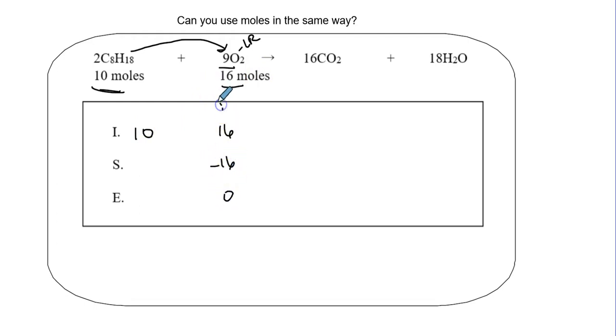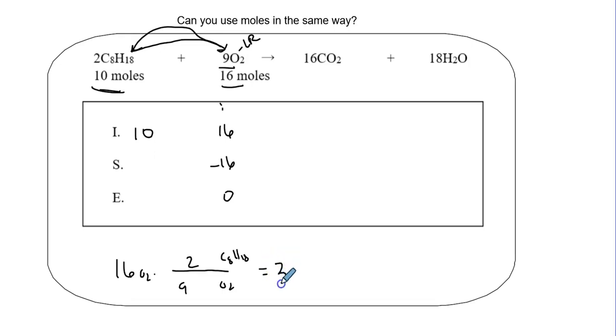Okay, we're going to jump from here over to here as far as my limiting reactant is concerned. Let's do that math here. 16 O2s, get rid of the O2 and go to the C8H18 at a 9:2 ratio. 16 times 2 divided by 9 equals 3.5.